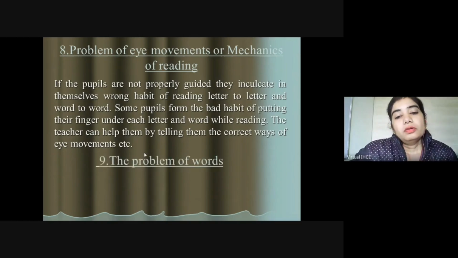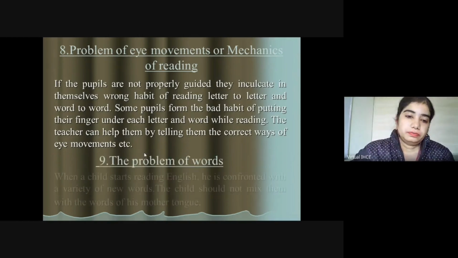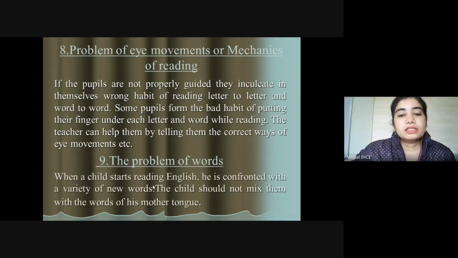The problem of words. When a child starts reading English, he is confronted with a variety of new words. The child should not mix them with the words of his mother tongue. This problem of words will only be solved when there is a lot of practice, and the student is also told the meaning of the difficult or new words which he is reading.